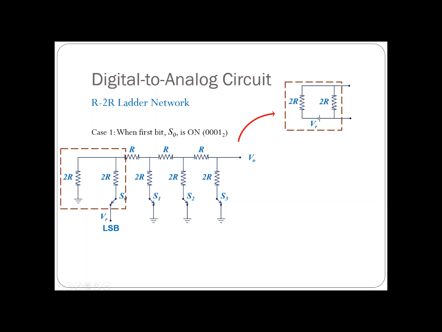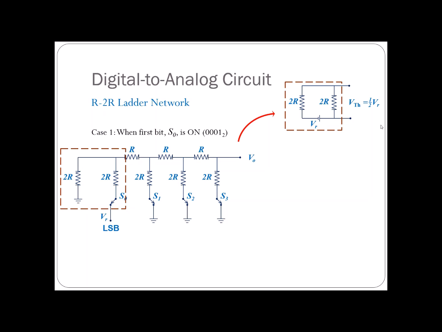Luckily for us, these two resistors have the same value, so the voltage will be spread evenly between them. So this will be half of VR. The voltage here will also be half of VR, but our interest is only in this one. So the Thevenin voltage between these two points is equal to half of VR.